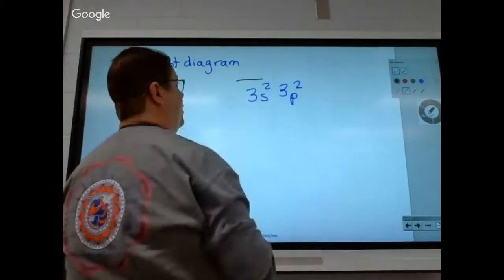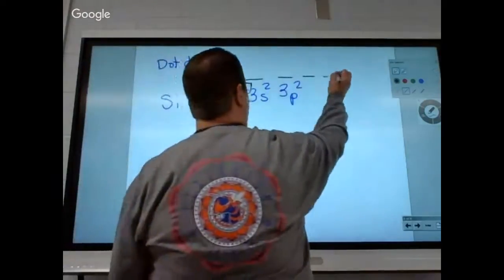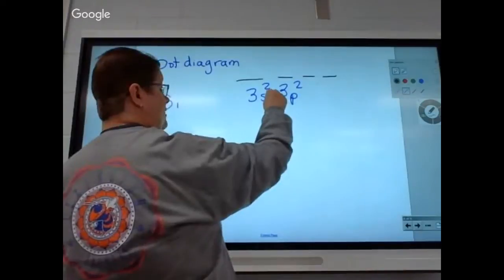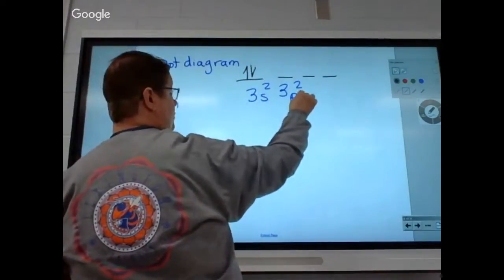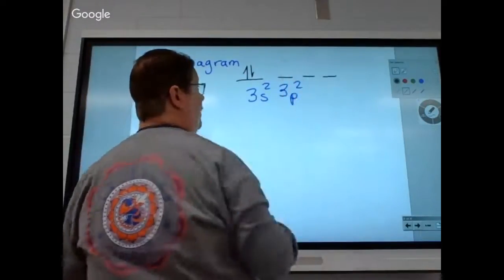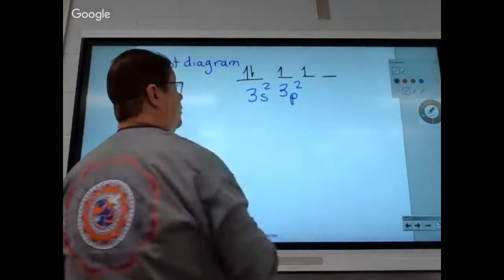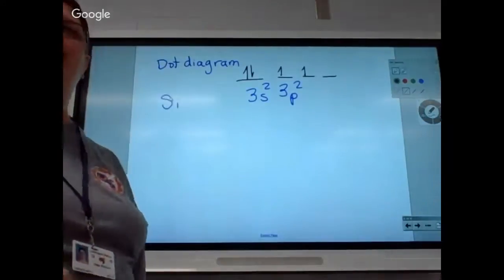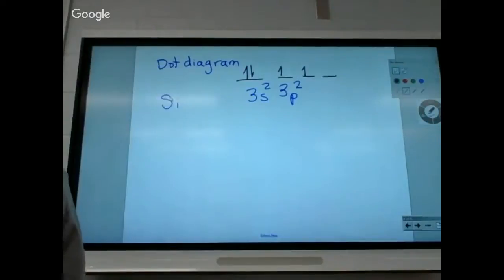And 3p had how many arrows above it? Now, you're drawing how many arrows in the S? How many arrows in the P? 2. How would the 2 arrows look on those 3 individual lines? One on the first one and one on the second one. Yes, you can write that. Now, those arrows you just drew, you have to draw the dots to mimic those arrows.